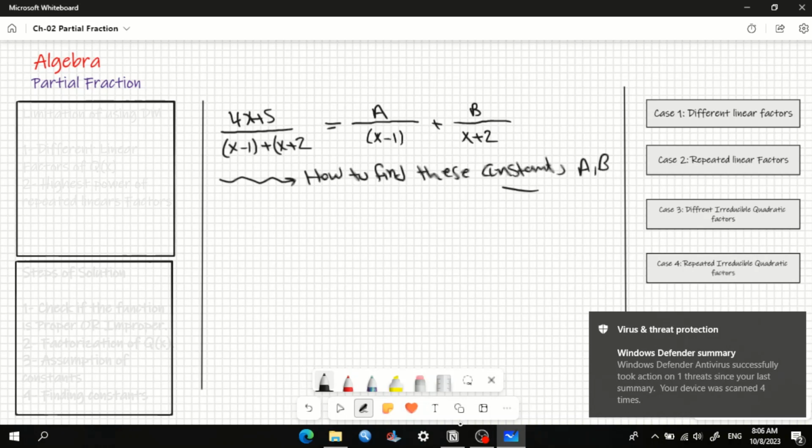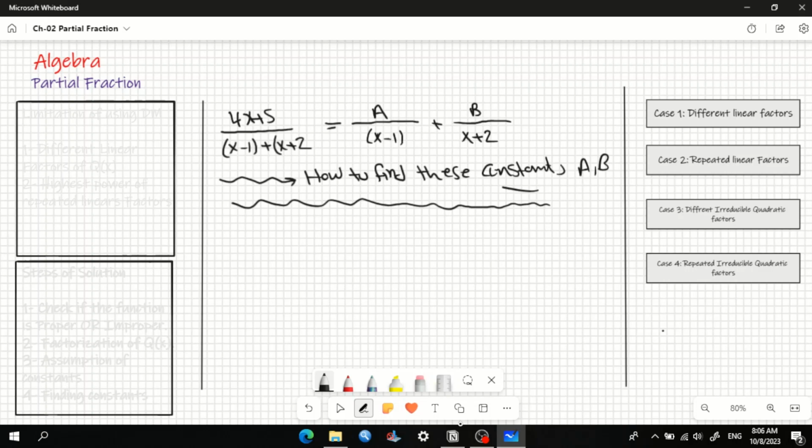We have three methods to calculate a and b. The first is the comparison method.